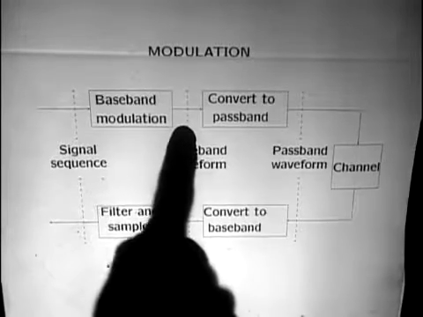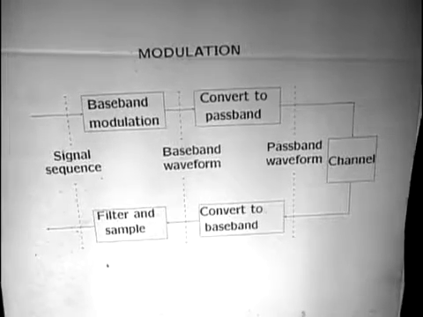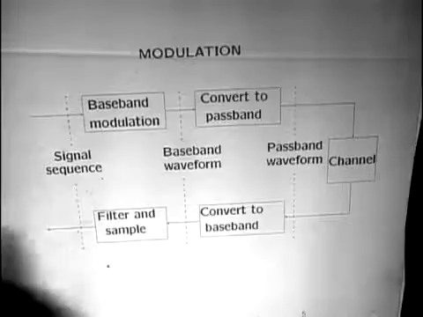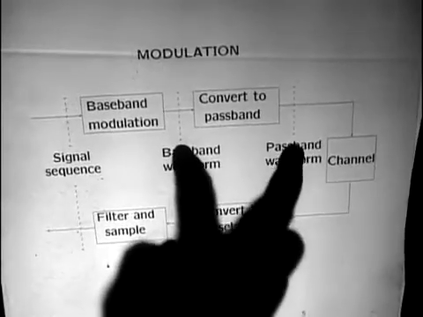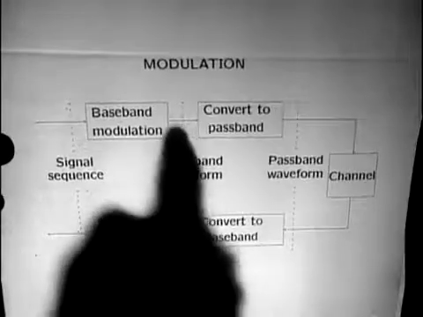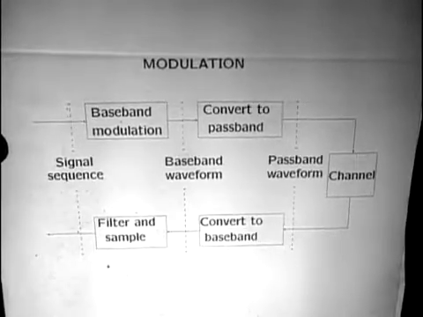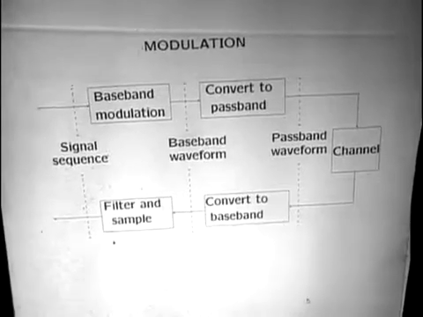That's what the Nyquist criterion is designed for. How do you make a baseband waveform which is very sharply cut off in frequency? Usually what we want to transmit is something at passband, so we somehow want to take this baseband waveform, convert it up to passband. We're then going to transmit it on a channel.